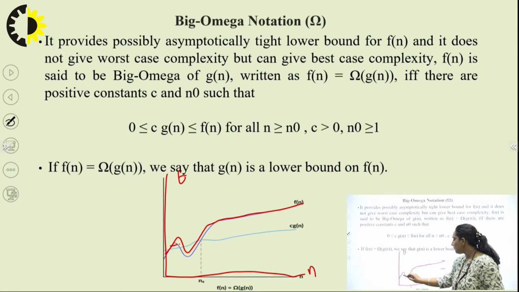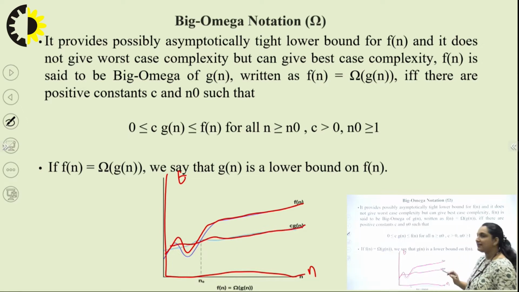Any function has a lower bound, that is c of g of n. Before that, my function takes some time, but better than the c of g of n function, below that, is not possible. If an algorithm is taking this time, this big omega time, this is the best, because better than this will not happen.